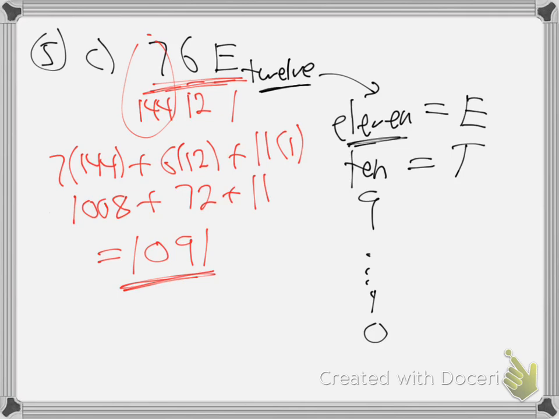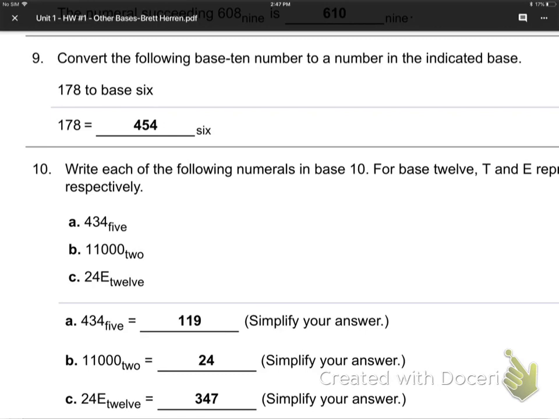Let's see if we can squeeze one more in. Convert the number 178 to base 6. The trick on this one is we're going the other way. The other ones I gave you, we started with the foreign base system and went to normal base 10.